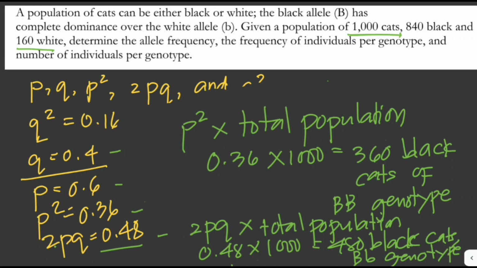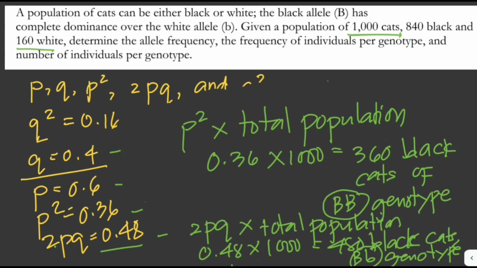Okay, now we've already determined the frequency of the black cats, because I mentioned earlier that black cats can have either the genotype BB, two big B's, or Bb, one big B and small b genotype. And now we've already determined the values for the black cat's genotype.